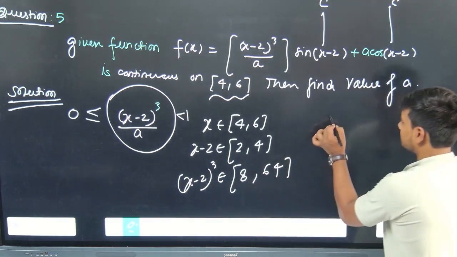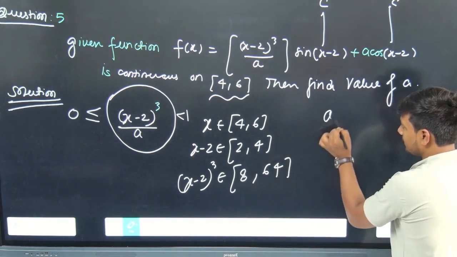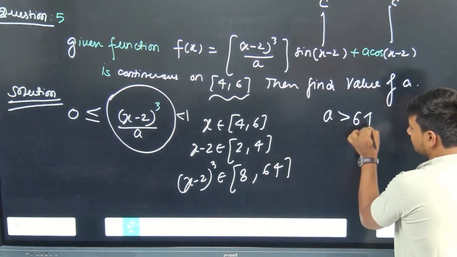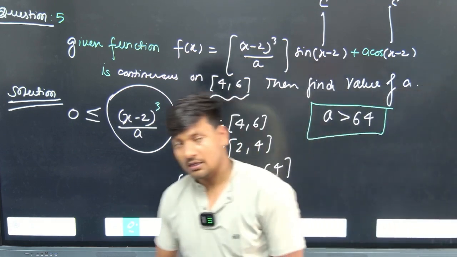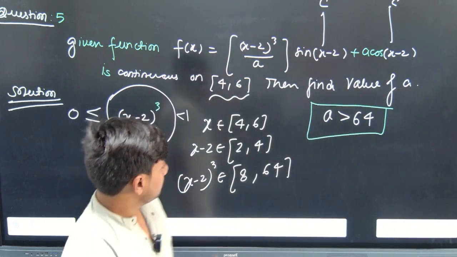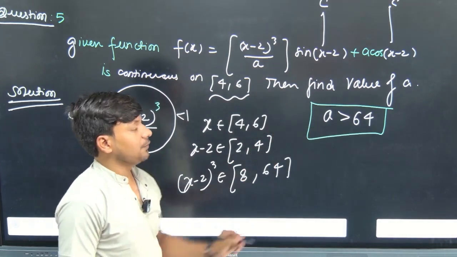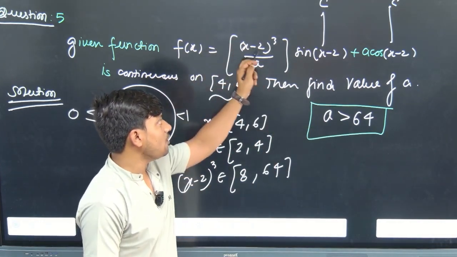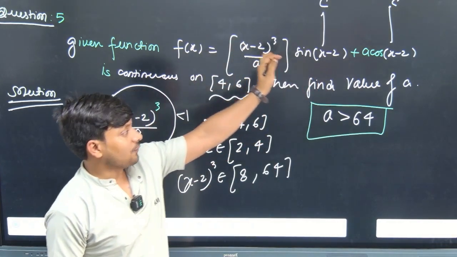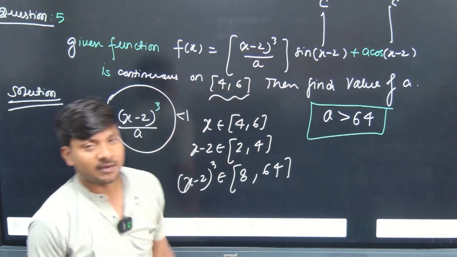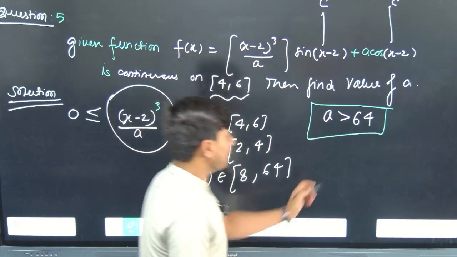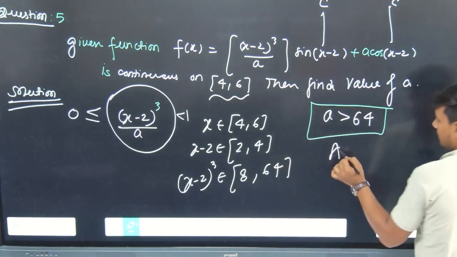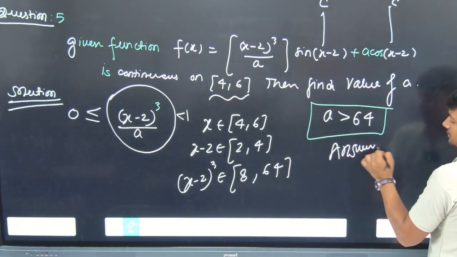So we just have to choose a greater than 64. This is our answer. If we take a greater than 64, then this becomes 0 and the only left function will be a cos(x minus 2), and that will be continuous. So our answer is a must be greater than 64.